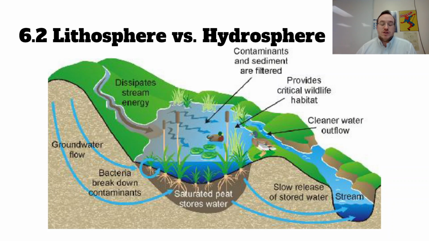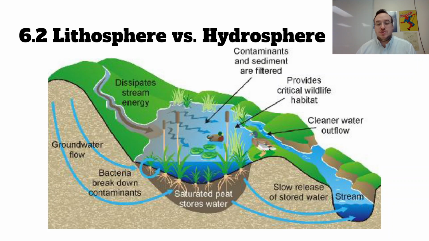And so it works as a natural storage place for some of the water in the hydrosphere, as well as a dampener for some of the kinetic energy in the hydrosphere. So it works to slow down things like tides and streams, anything with a large amount of kinetic energy. That kinetic energy has to go somewhere, so parts of the lithosphere can act as buffers against that.